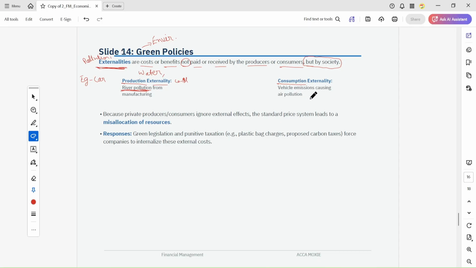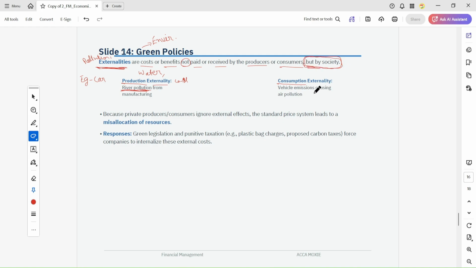And the other is the consumption externality. When the consumers buy the car and drive it on the roads, the vehicle emission causes air pollution. That pollution is borne by the society on the road where it is driven by the consumer.